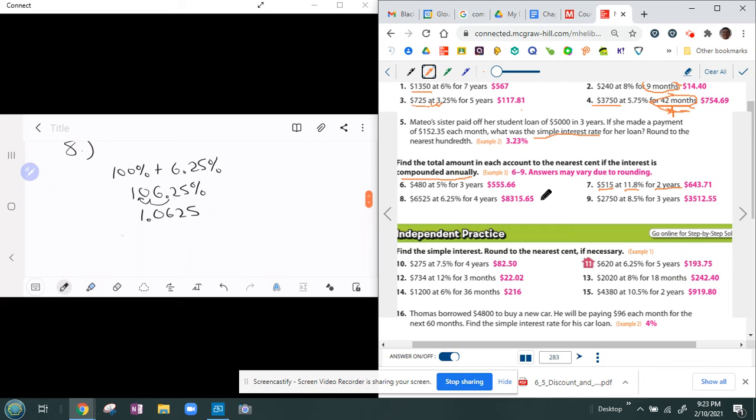Okay. So all I have to do now is do that 1.0625 times my principal, which in this case is 6,525. I keep losing my spot. All right, 1.0625 times 6,525 equals.